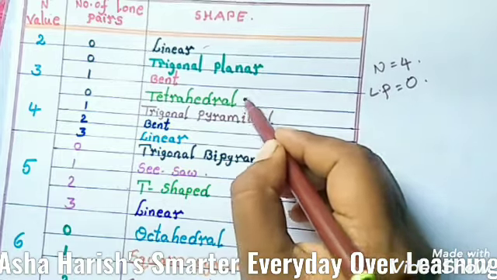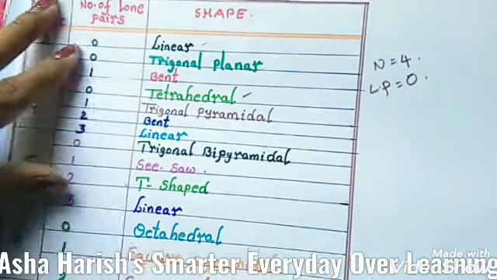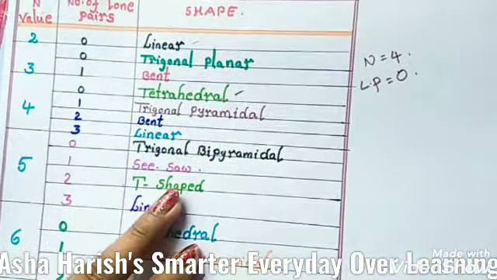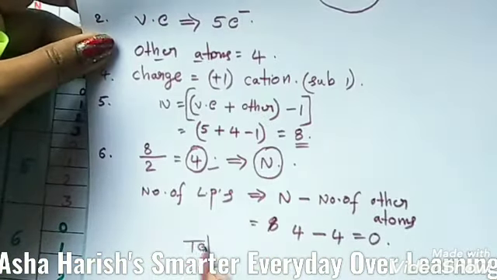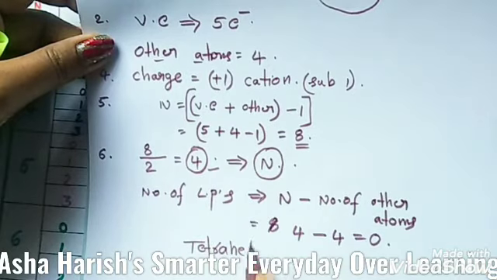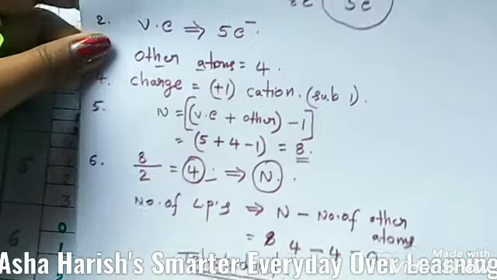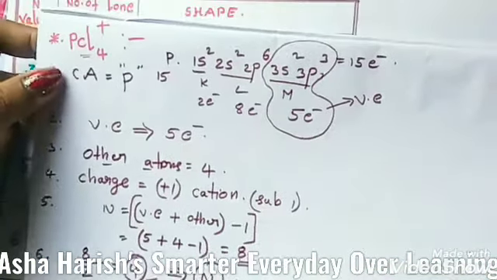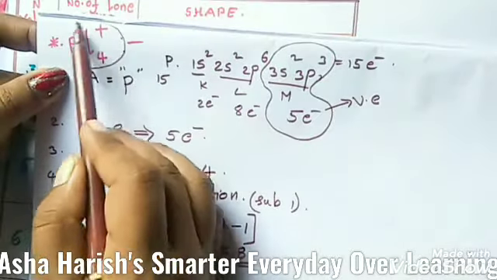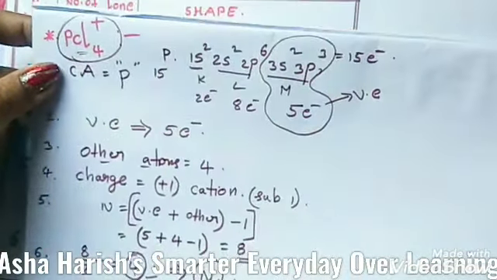Now students, the structure should be tetrahedral. Based upon this table, here you should write tetrahedral. This is the entire procedure for predicting the PCl4 plus structure.